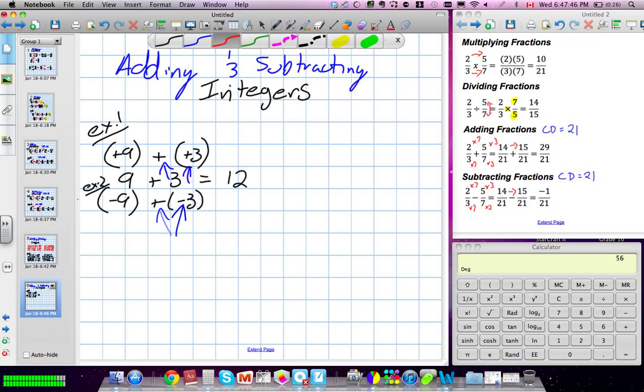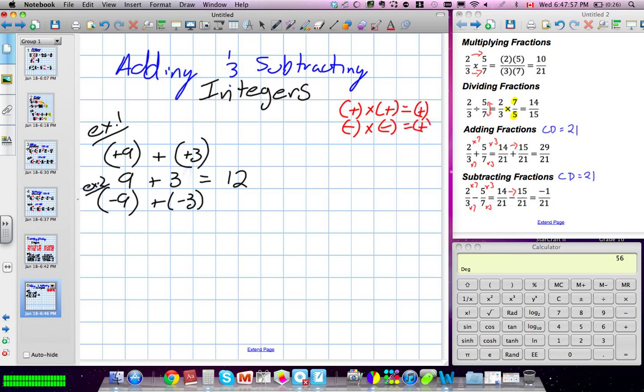A negative by a negative is a positive, and a negative by a positive is a negative. What we technically did, if I multiplied a positive by a positive, what should I have gotten? Positive. So I replaced the two signs with just one positive sign. What about here? My negative 9, so I have two signs. I have a positive and a negative. I want to replace it with just one sign. What's a positive times a negative?